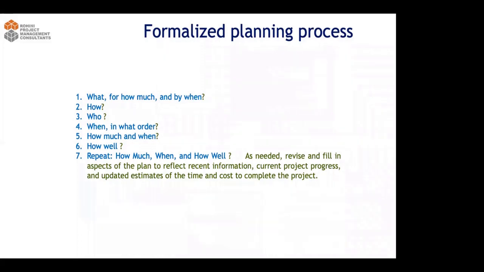The output of these questions means you are defining the project objectives, project scope, and system requirements. This will specify the project deliverables, end items, and results, as well as the time, cost, and performance targets, right?